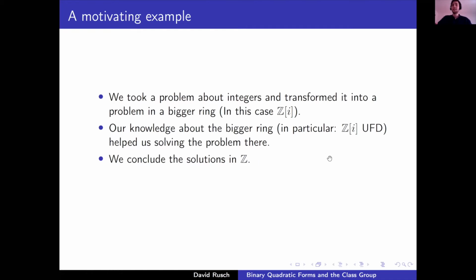And this is actually a common theme in algebraic number theory. So you have a problem, you want to treat your problem somewhere else where it's a bit easier. And if you know sufficiently enough about the domain where you extend your problem to, then you can solve the problem there and conclude about the solutions and see what's actually what you want.